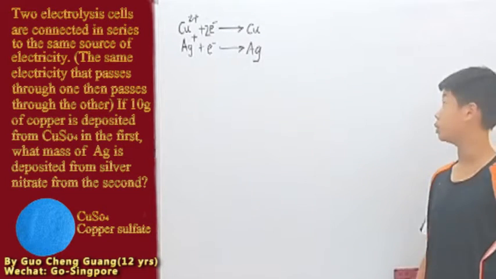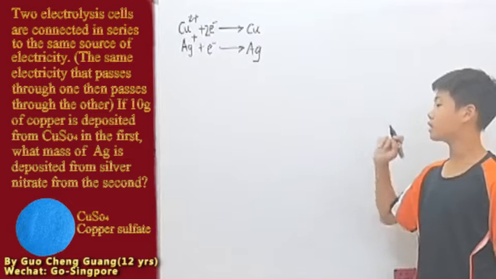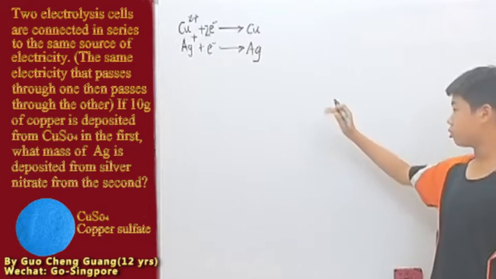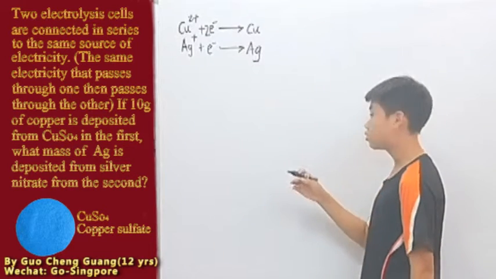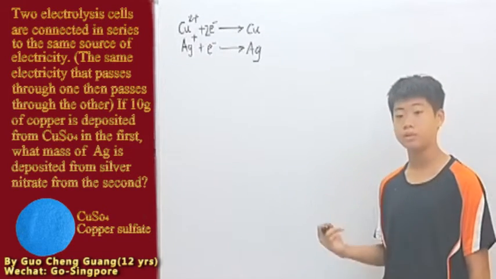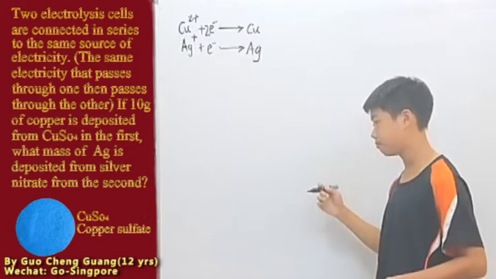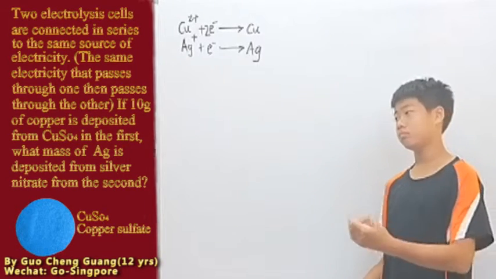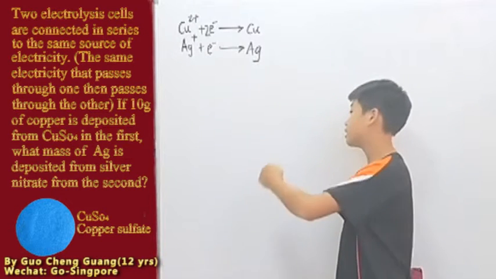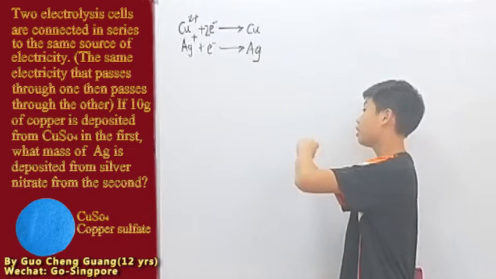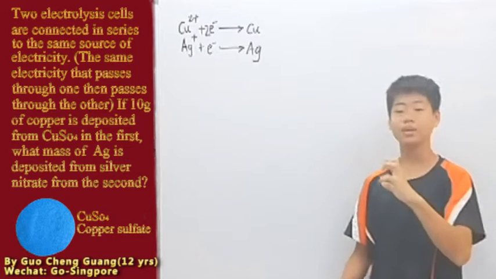How is that possible? Let me just tell you. Here is when you need to be really careful. They are connected in series to the same source of electricity, so basically the same circuit. So the time taken is definitely the same. Then the first sentence says they are connected in series.